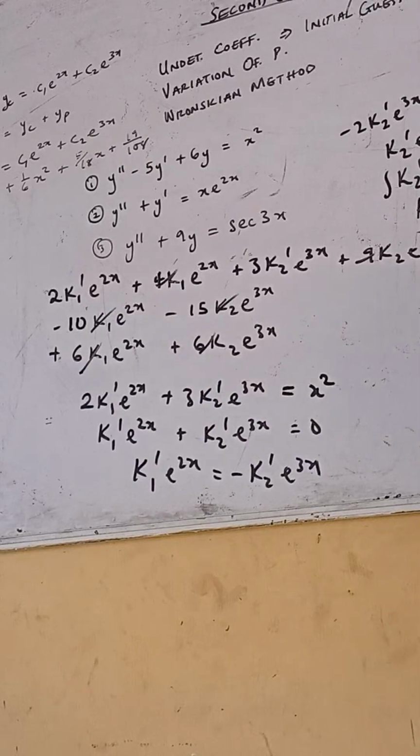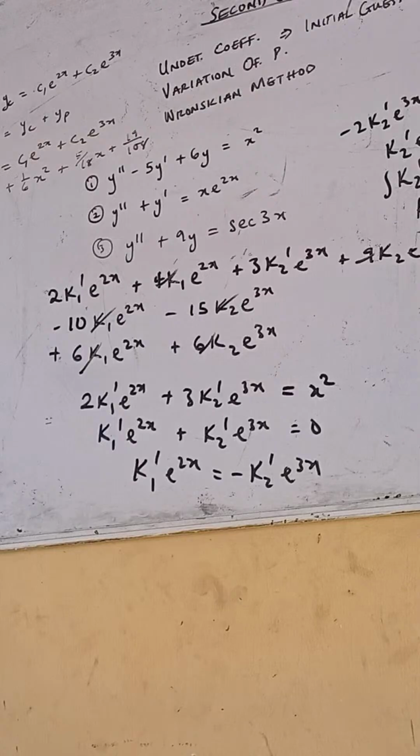Everything with this dx is my dv. So u equals x squared, du equals 2x dx.